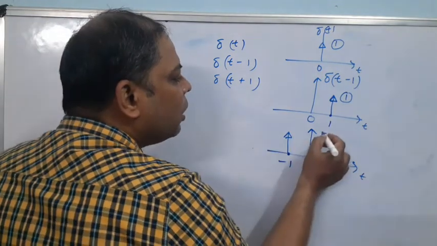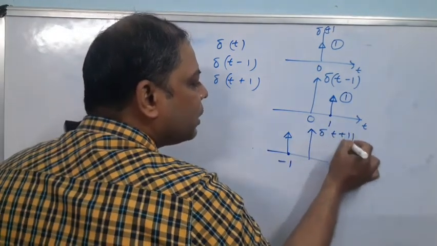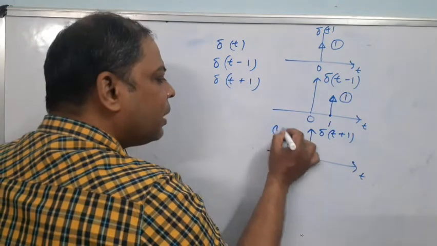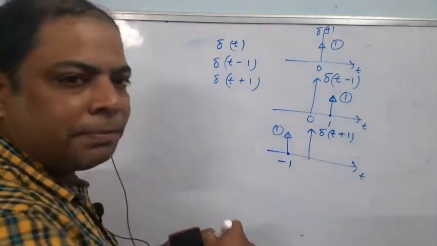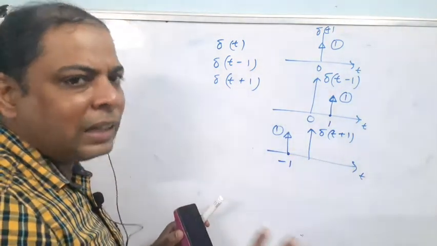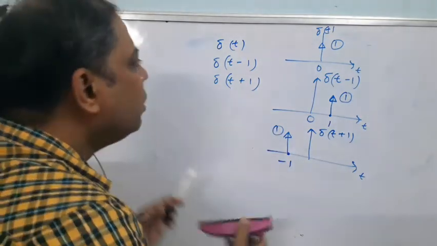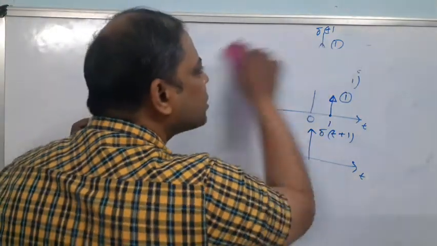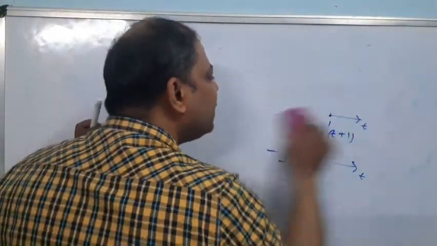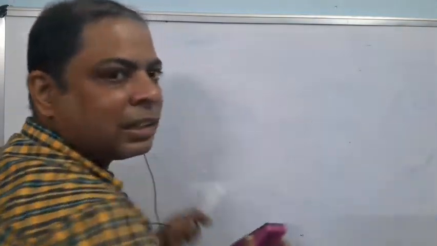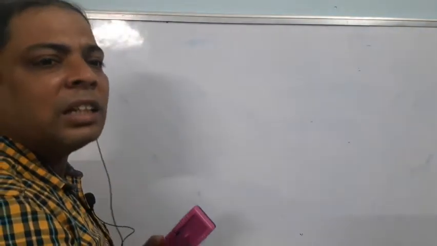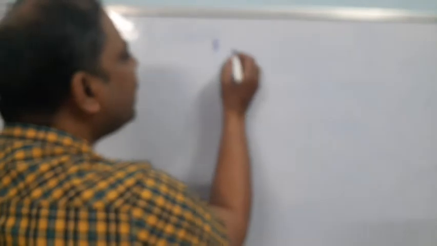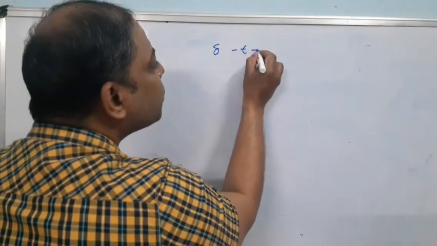So this is your delta(t plus 1). The area is 1. Understood? I think there is no problem. In this way you can easily sketch whatever signal you have. Suppose you are having delta(minus t plus 1). Try to understand.